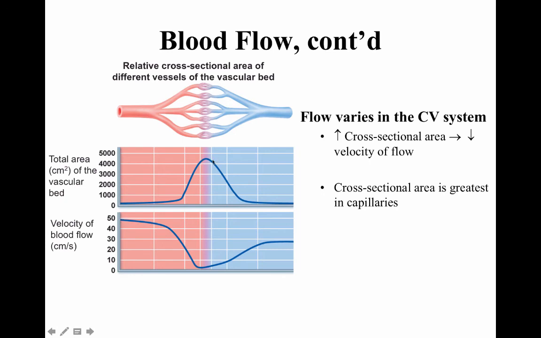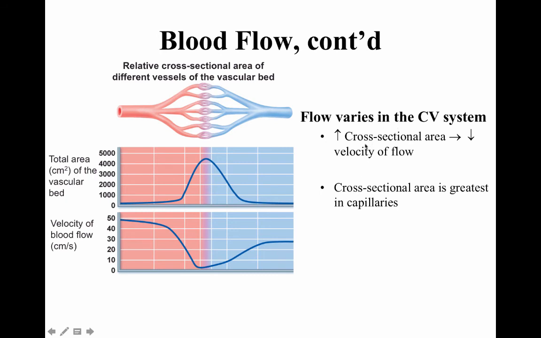More area equals lower pressure. So that's really what this is showing, is how we go from a vessel to a capillary bed back to a vessel. And then the same thing with velocity, from a vessel to a capillary bed back to a vessel.